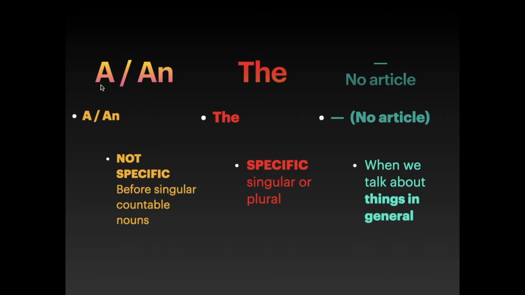So you cannot say one cars, right? You cannot say a cars. It's only for singular. The can be for singular or plural, but it's when you are talking about something specific, like the exam. Como ya me contaste de que vas a hacer el examen, ya es específico. So we use the. And finally, we don't use an article when we talk about things in general.